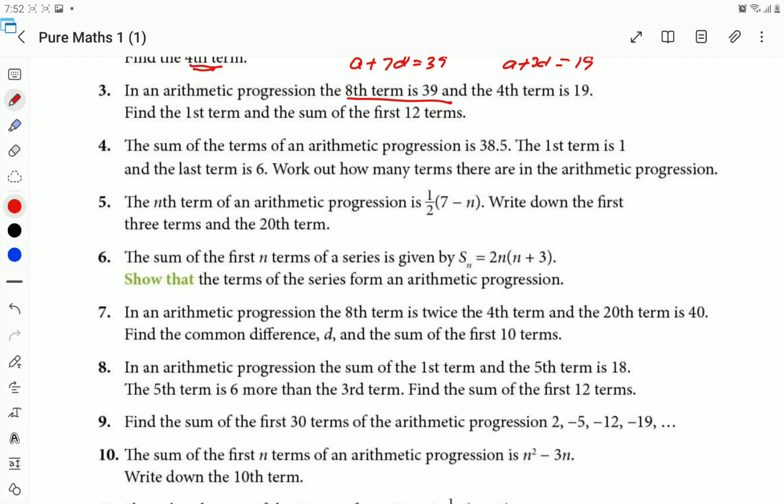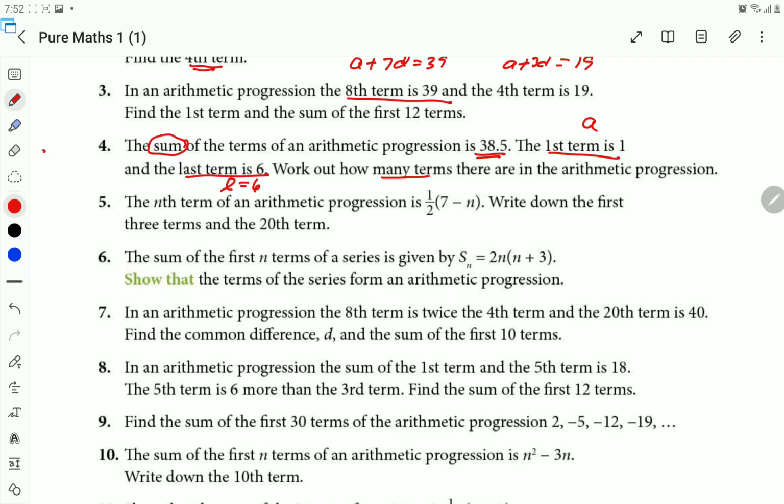In here, the sum, this is now different. The sum is given. The sum is 38.5. The first term is 1, so that is your a. The last term is 6, so l equals 6. Work out how many terms. So what is the formula that uses the sum, the first term, and the last term?